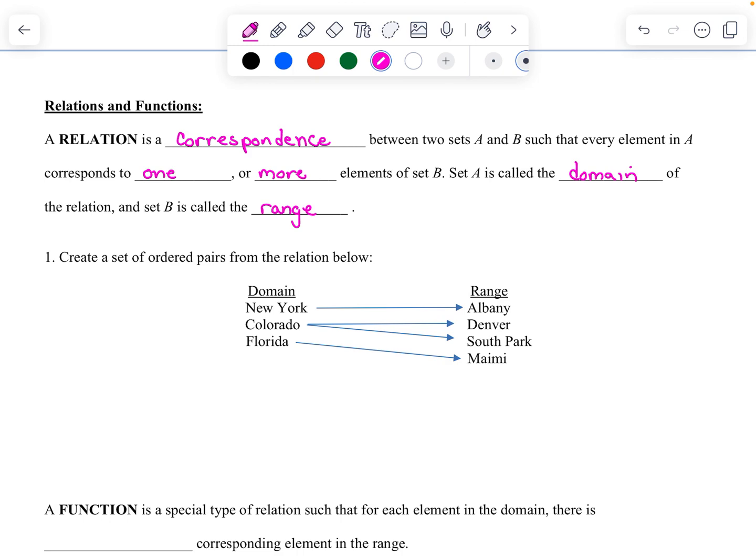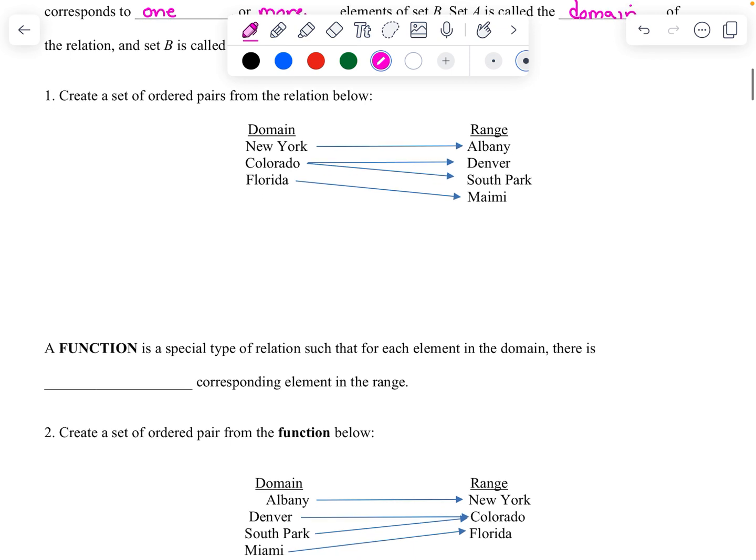Okay, so let's take a look at an example of a relation. In this relation, the domain consists of three states. There's New York, Colorado, and Florida. The range consists of Albany, Denver, South Park, and Miami.